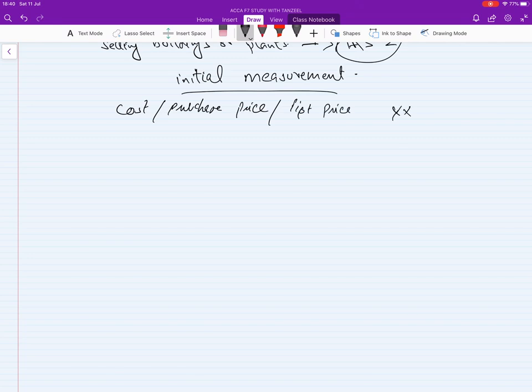Cash discount. You will not deduct cash discount from the cost of the asset, because the cash discount is given to you for early payment within some decided period.